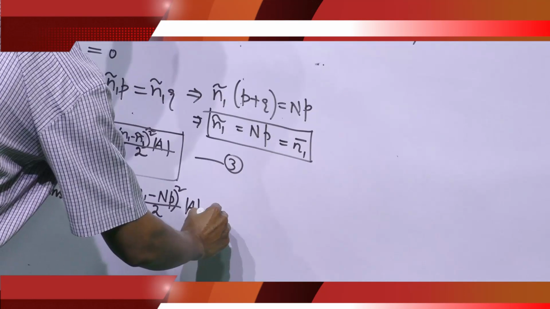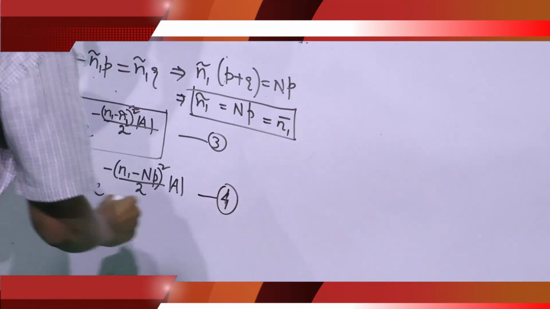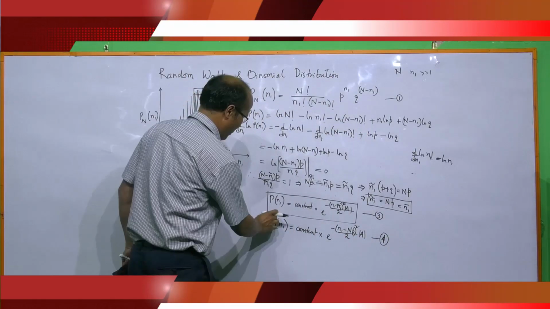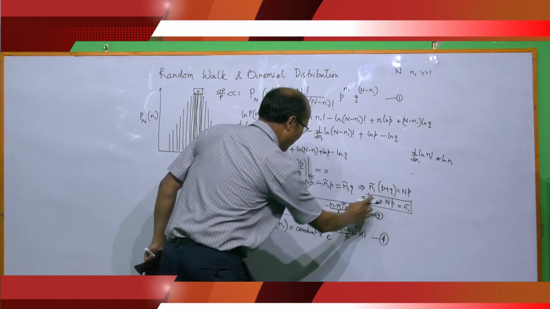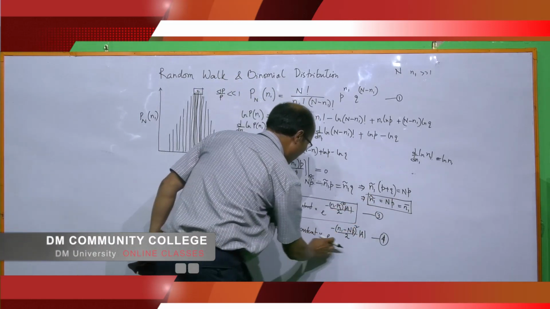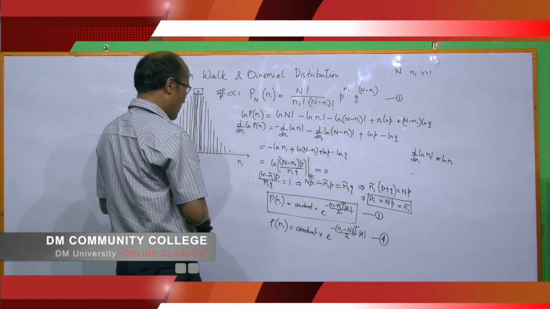Call it equation number 4. So substituting the value of n1 tilde, we find this probability distribution given by this expression.